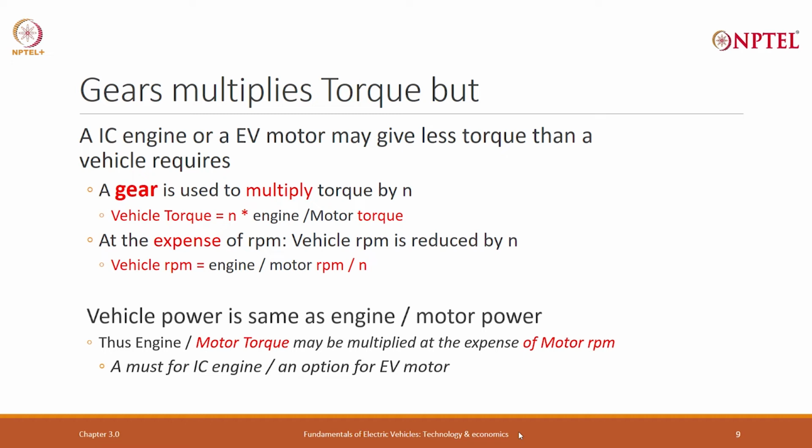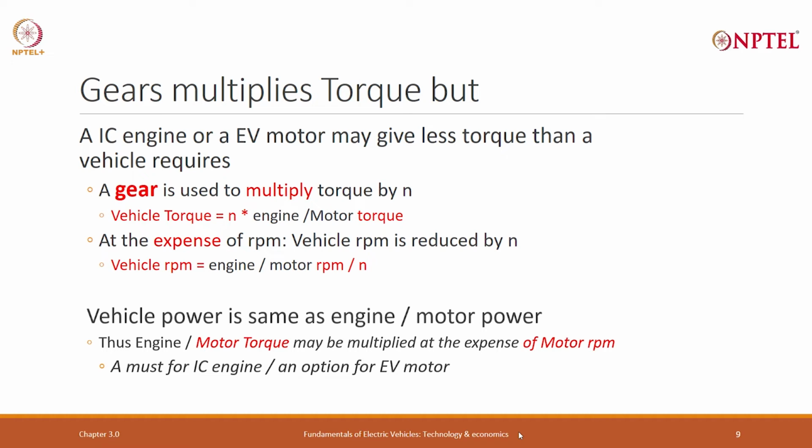Why? Electric motors, at least motors in future, you will be able to generate a wide range of torque and wide range of RPM for the same power. If you have a limit in terms of the range, then you may require a gear. Normally a fixed gear is required, but multiple gears are not required.